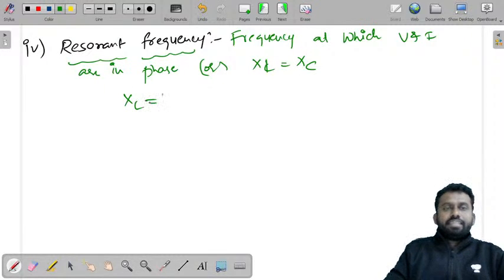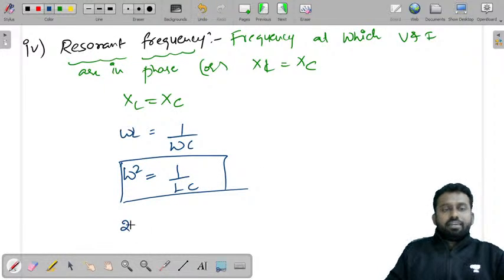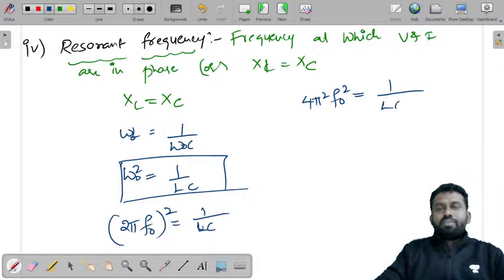So that is XL is equal to XC, omega L is equal to 1 by omega C. Can I write omega square is equal to 1 by LC? Yes. What is omega? 2 pi f naught. Let's call it f naught under resonance. So omega naught is equal to 1 by root LC. So I can write 4 pi square f naught square is equal to 1 by LC.